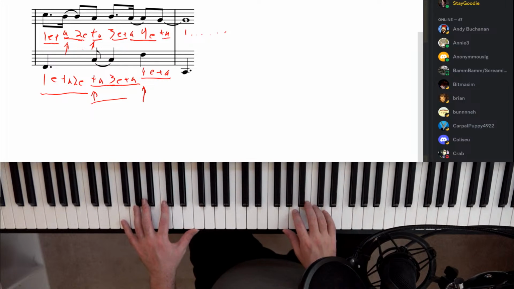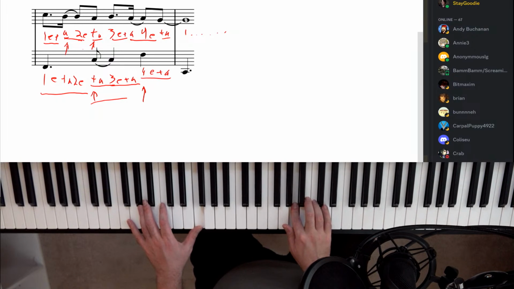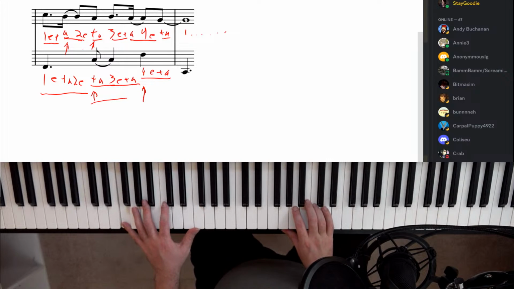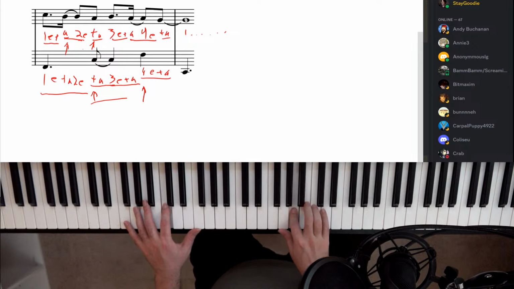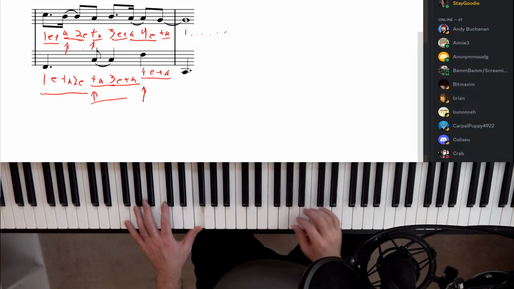Let me try it again. 1 e and 2 e and 3 e and 4 e. Oh no, it's tied over. This is trickier than it seems. Sorry, 1 e and 2 e and 3 e and 4 e and, oh, I was a little bit late on that one.